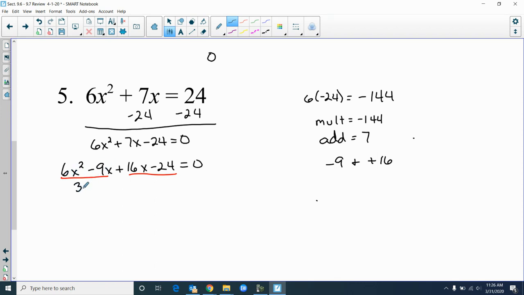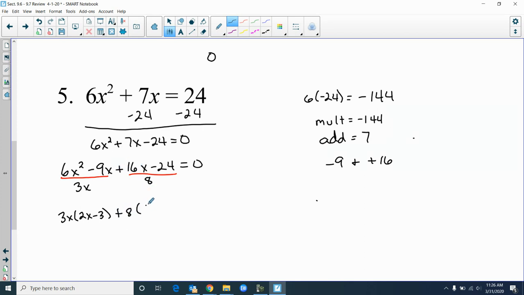Biggest number is 3, and they both have an x. All right, what's the biggest number that goes into 16 and 24? Biggest number. 2 goes into it, 4 goes into both of them, but the biggest number is 8. Plus right here, so make that a plus 8.